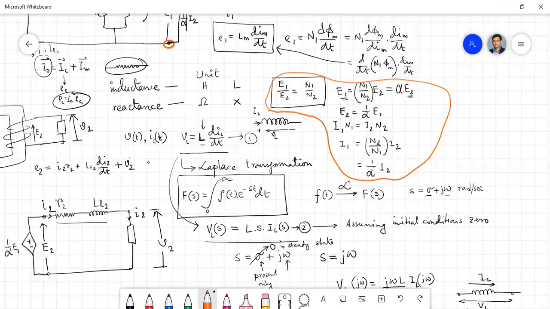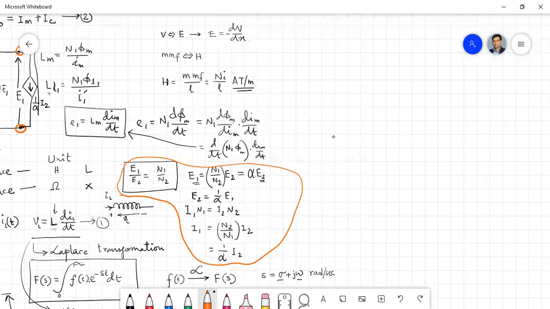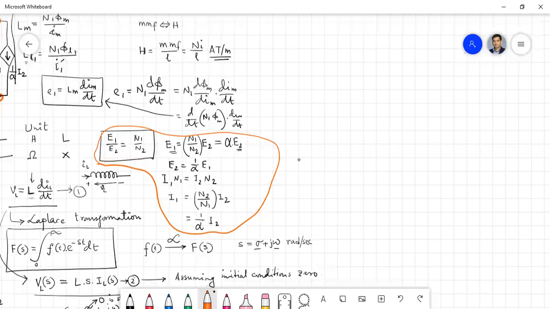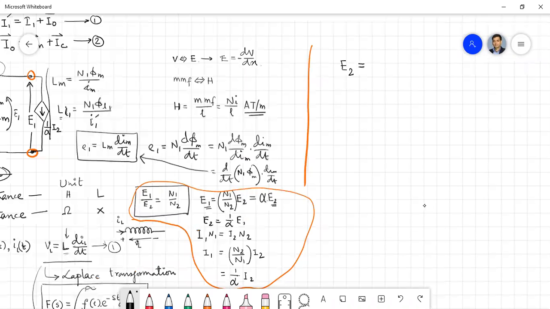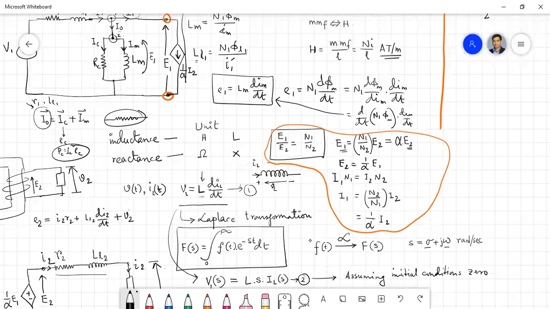So how to make them the same? Now, the equation which we have written for the secondary, if we write once again, it will be E2. Am I right? E2 equals I2 R2, plus the reactance term.